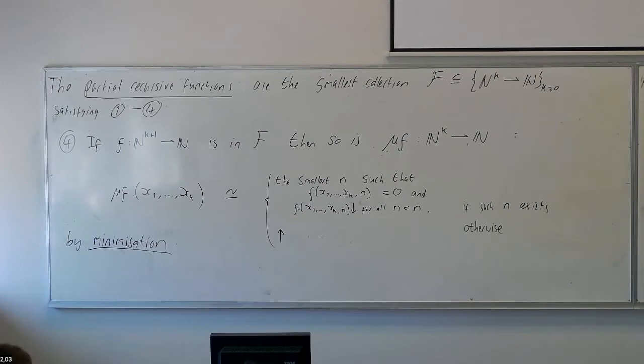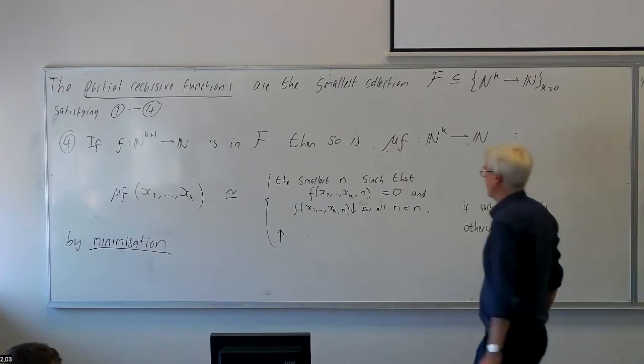So mu H1 applied to the value x is going to find the smallest y such that H1 of x comma y equals 0, and undefined if no such y exists.